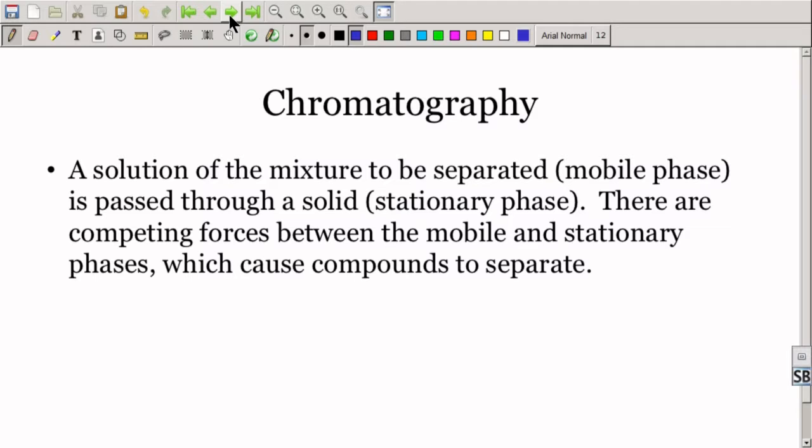And the whole idea of chromatography is that you have this competition between the stationary phase and the mobile phase. And depending on the polarity of the compounds that you're trying to separate, some of them are going to stay more in the stationary phase, and some of them are going to stay more in the mobile phase.